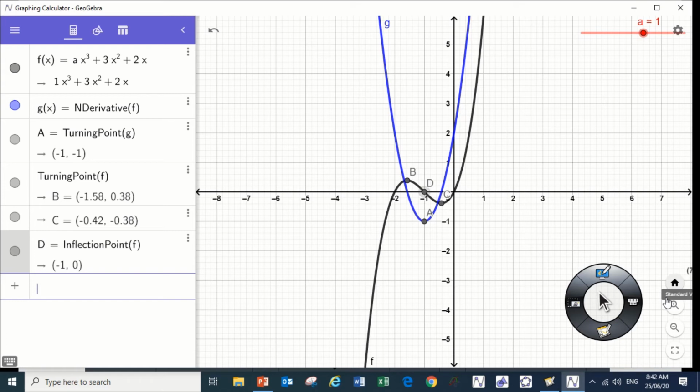You can decide how you want to write it down. It's your book. But what you need to know is that the x value at the point of inflection of a cubic graph is the same as the x value at the turning point of the quadratic function. In that case, the quadratic function is your first derivative. So write that down.